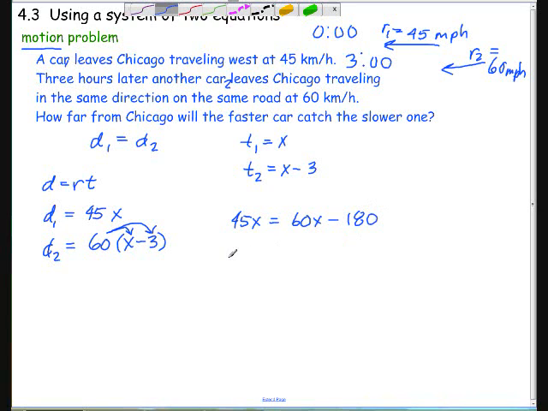If I add 180 to both sides, 45x plus 180 equals 60x. And then if I subtract 45x from both sides, I get 180 equals 15x. So my x is equal to 180 divided by 15.